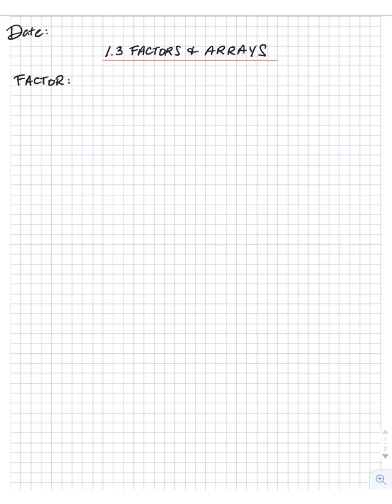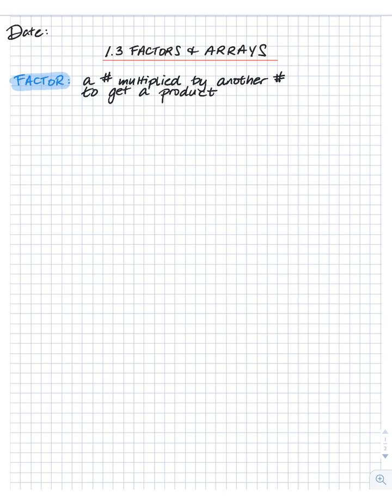So when we think about a factor, we think about a number multiplied by another number to get a product. I'm just going to highlight factor as well.